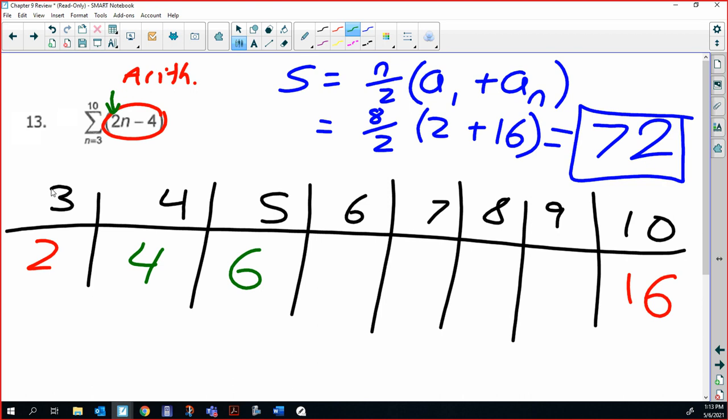So it's going up by 2 each time. So that's 2, 4, 6, 8, 10, 12, 14, and then obviously 16. And you could manually add up all those numbers and get the right answer as well. That's also going to equal 72. So a couple different ways to do it. You just need to know what sigma means. And then if you would like to, you can use the shortcut.